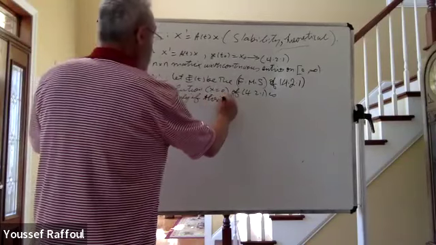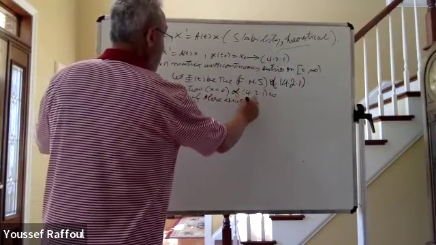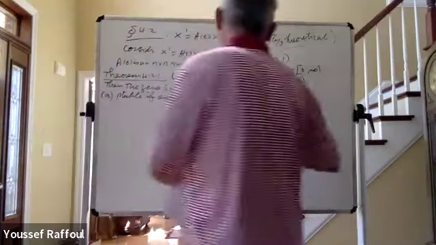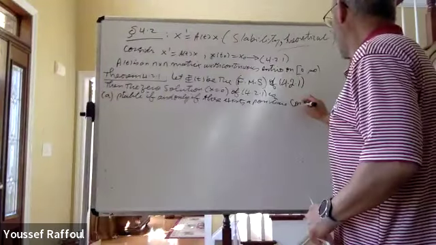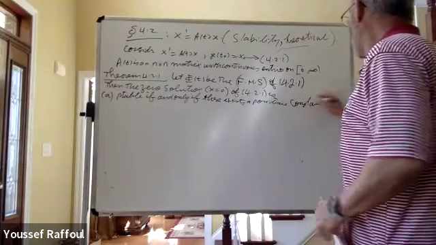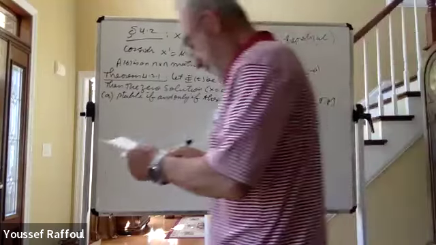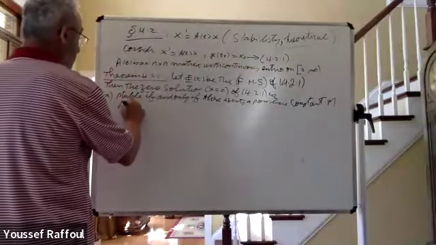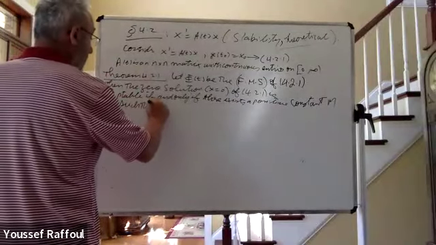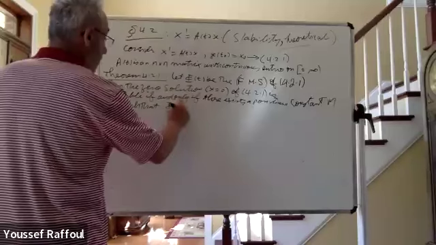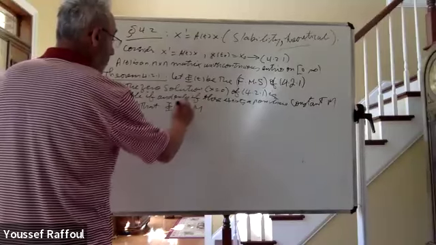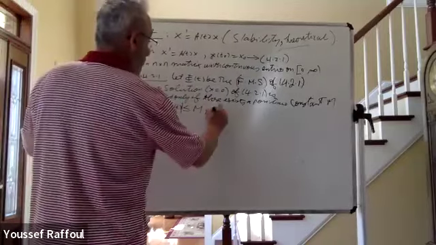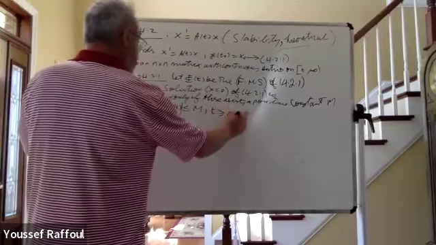there exists a positive constant m such that the norm of phi(t) is less or equal to m for all t bigger or equal to 0.